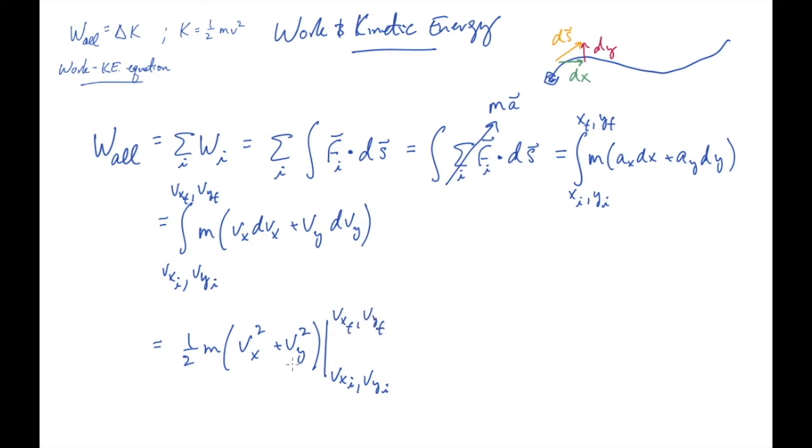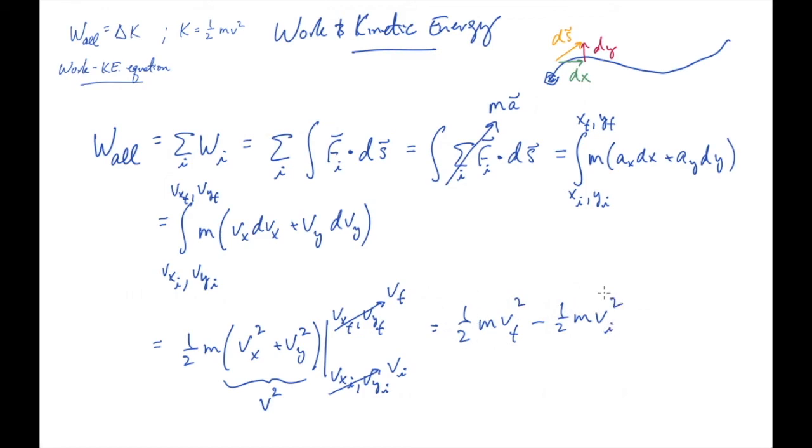Before we rewrite this again, let's notice that this is just the square of the object's speed. From the Pythagorean theorem, this is just v squared. So I can replace this with v initial and this with v final. So what we have is half m v final squared minus half m v initial squared.